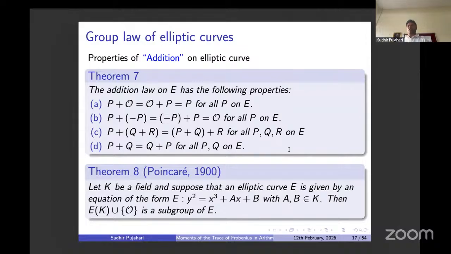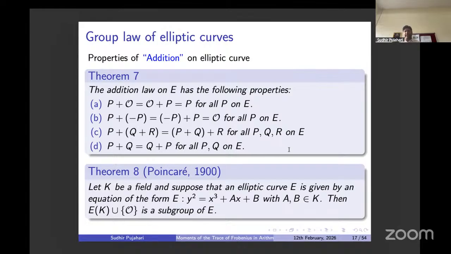Before the group definition as we read it came, there were several instances where this kind of structure was being observed. If you look at the work of Euler around 1729 and Bernoulli and others, this was already observed. This is one of the examples where such structures were already observed.